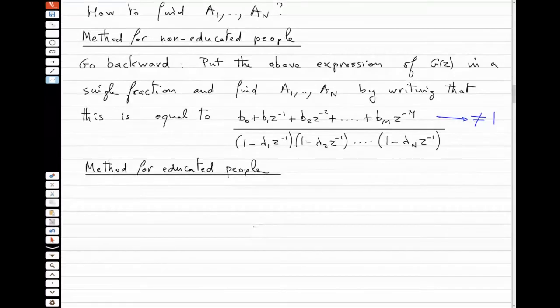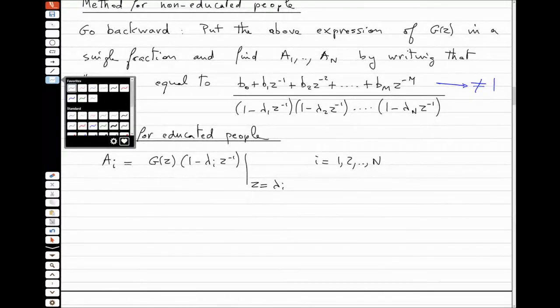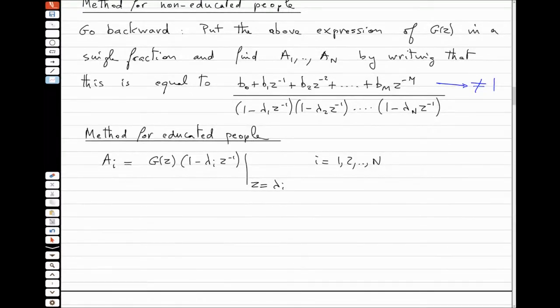So for each coefficient, you are going to have the same formula, and for each index from 1 to n. Same formula as in the second order case.